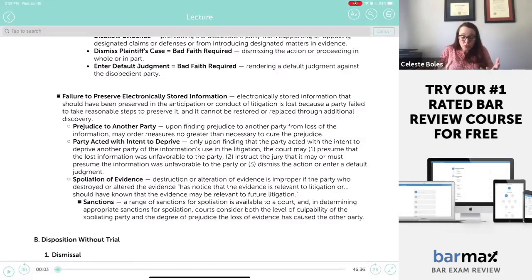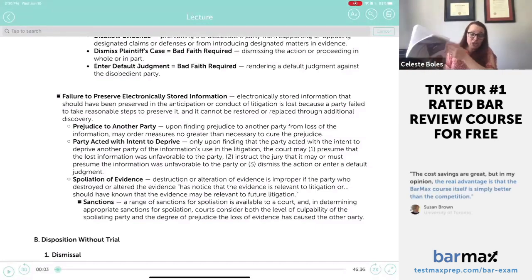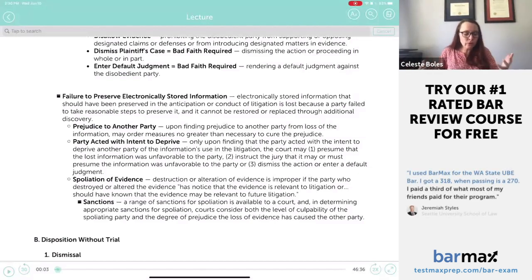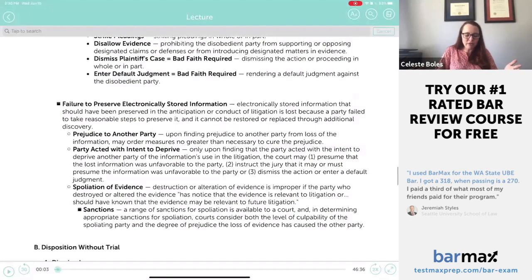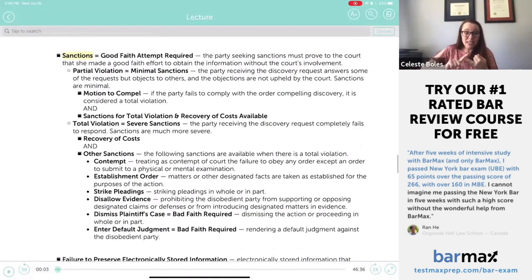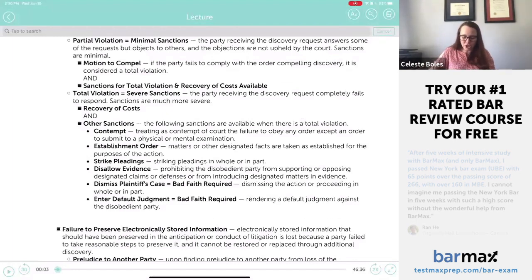So when you do this, you'll use your bar prep materials, either your BarMax book, which has the same outline in it, or your BarMax outline on the app like I'm looking at here, or you'll use the materials that you have, but you'll go back, you'll read everything you can about work product, about sanctions, and about failure to preserve electronically stored information.